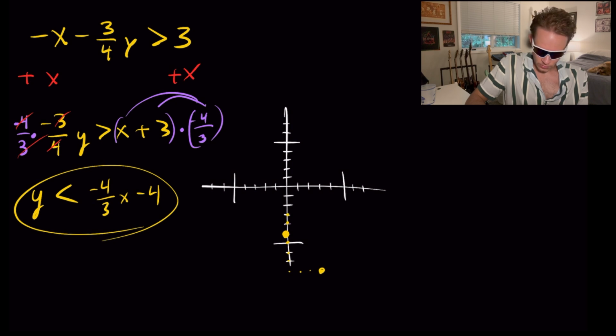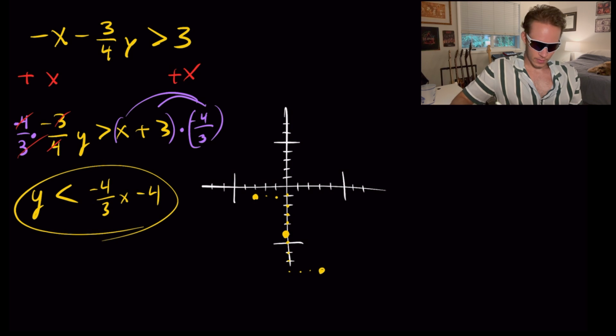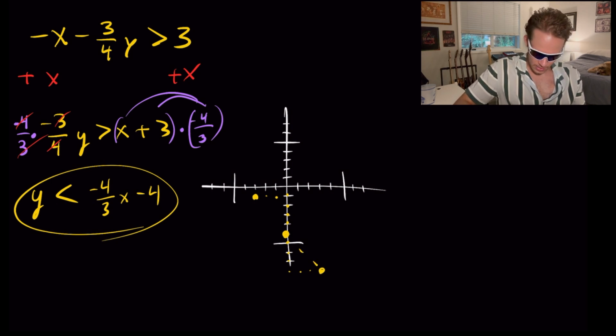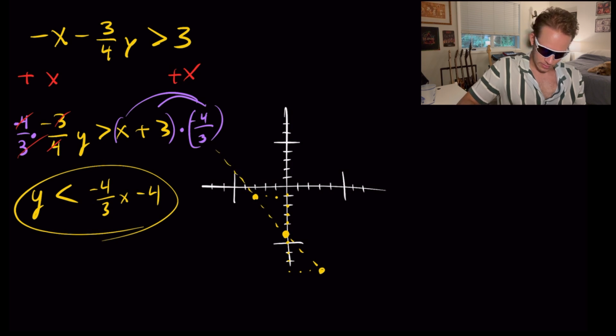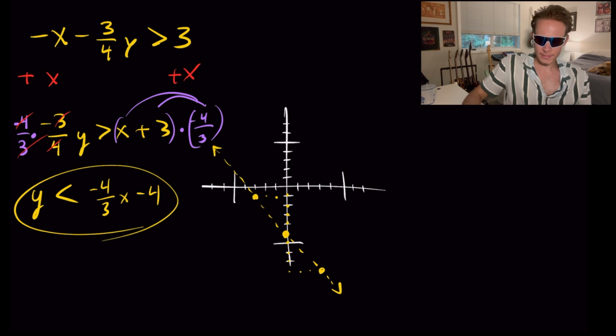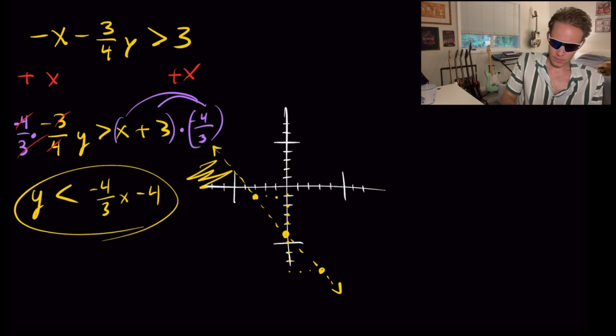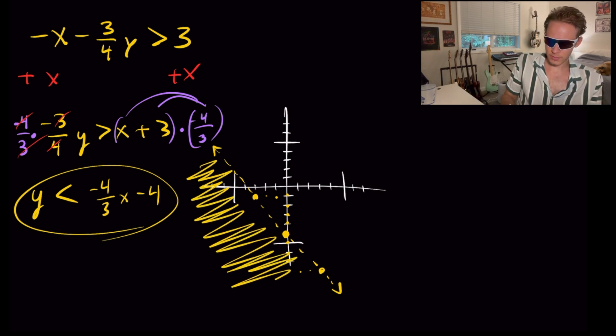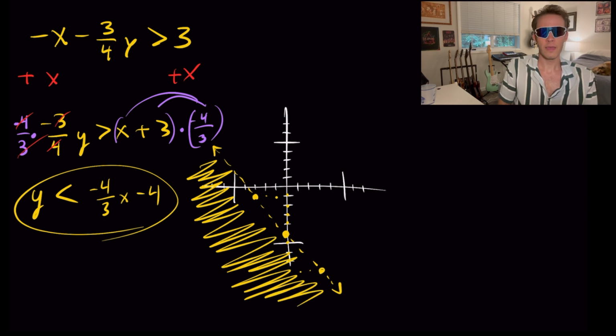So 1, 2, 3, 4, and then run negative 3. So 1, 2, 3. This is y is less than all that stuff. So this is going to be a dashed line like that. And since it's less than, the points that are going to be solutions to this linear inequality are going to lie below that line.